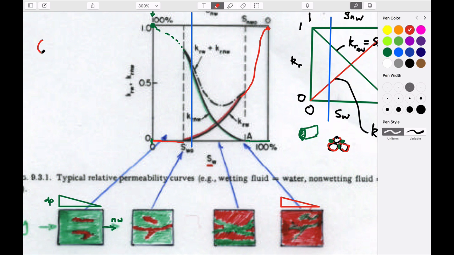So the flow rate of fluid Q1 is going to be the total area of the core. And so if I try and be smart and draw this in perspective, so that this is the total area of the core here, then the permeability divided by the viscosity of fluid 1 multiplied by the relative permeability of fluid 1 times the pressure gradient gives us all we need.